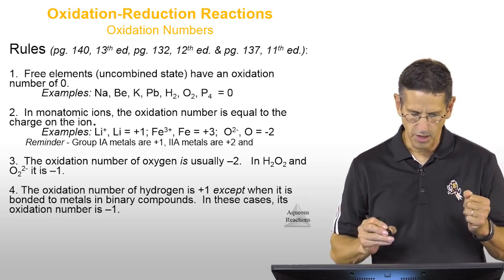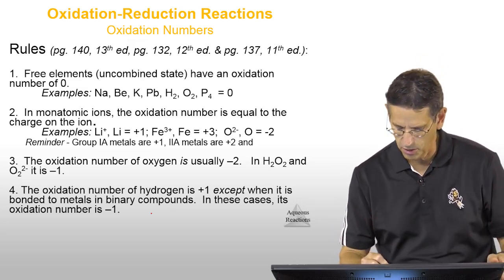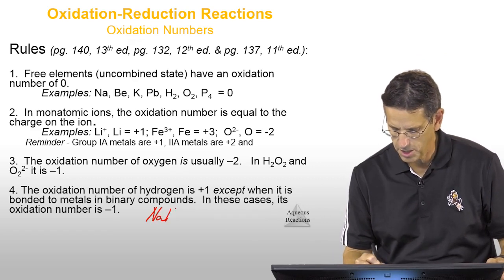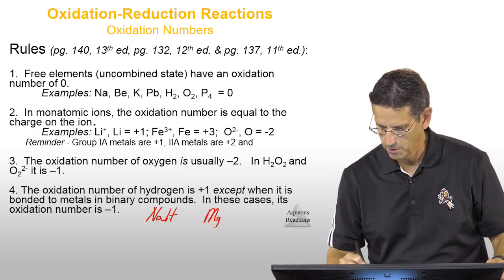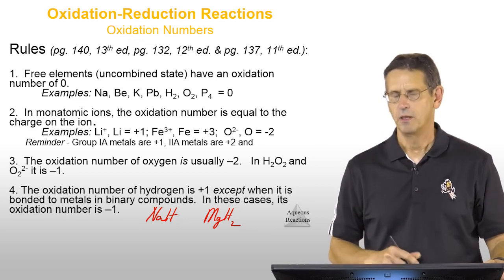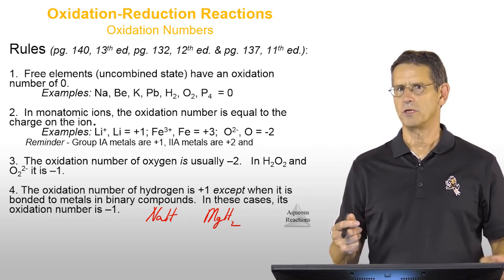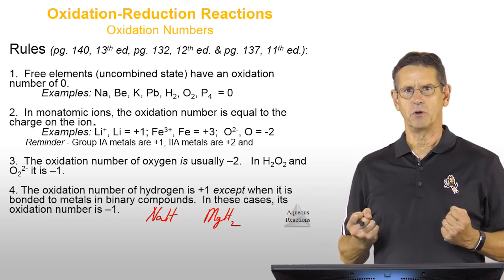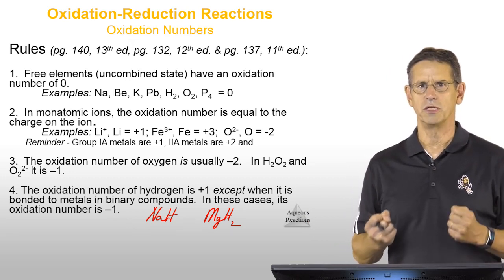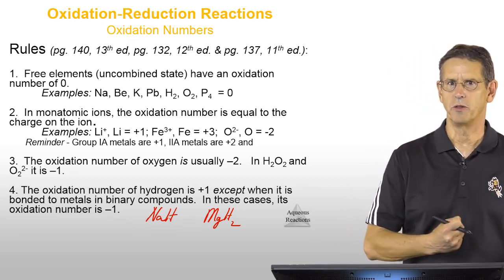In metal hydrides, what are metal hydrides? Well, a metal plus hydrogen. The hydrogen will act as a nonmetal and grab that electron. So in other words, it does win the tug of war with its metal partner.